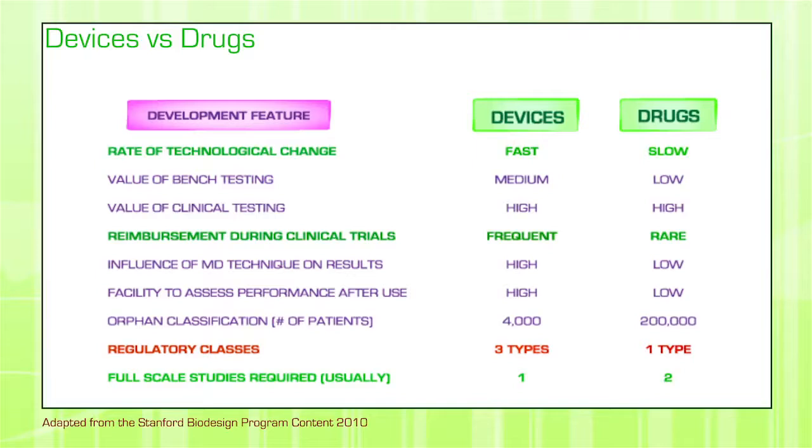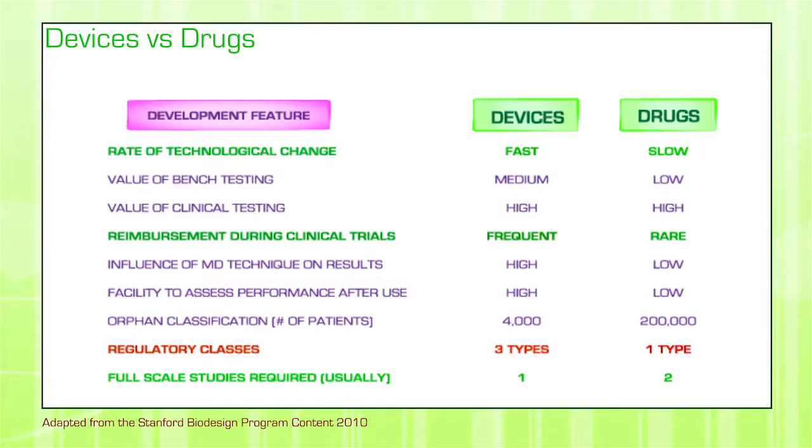The influence of clinician technique on the results of the use of devices and drugs, in this case, there are dramatic differences that you are going to see between devices and drugs. In the case of devices, it's actually pretty high that the clinician's technique has an impact on the way outcomes go. Nonetheless, as many of the presentations of drugs are pills or some sort of delivery system that is enteral, the technique in which these medications are given to patients is not as important as the molecule itself that is going to act.